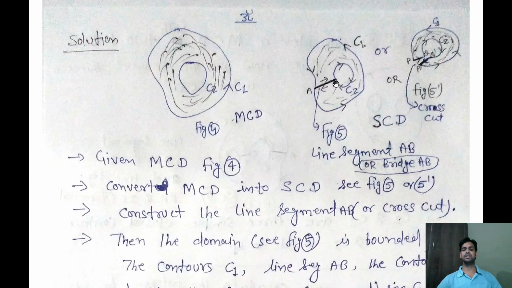So this is BA. Also you can write it in terms of crosscuts: AB replaced by PQ and BA replaced by P'Q'. And this line segment is in reverse order.